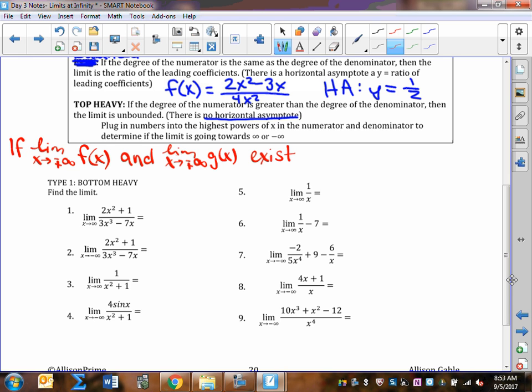Here we're saying the limit as x approaches positive or negative infinity. So if those both exist, then the sum and difference rule hold true. Our product rule still holds true.